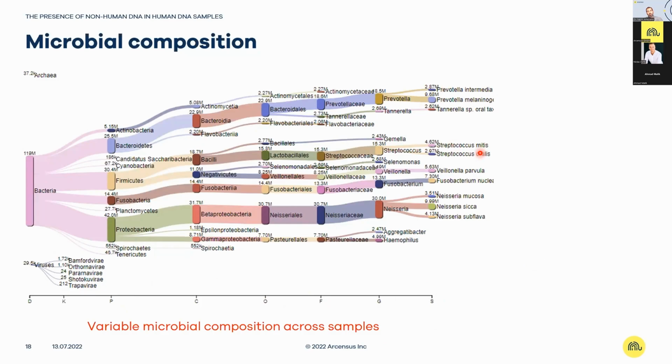And as I mentioned already at the beginning, we did not only look into the bacterial genomes, we also interrogated the archaea genome as well as the viruses. And indeed, viral genomes were also identified, albeit at lower percentages when it comes to these non-human mapped reads.